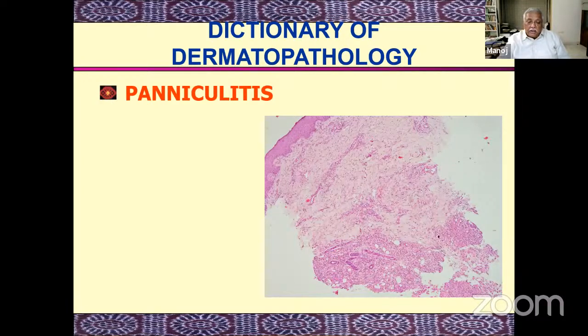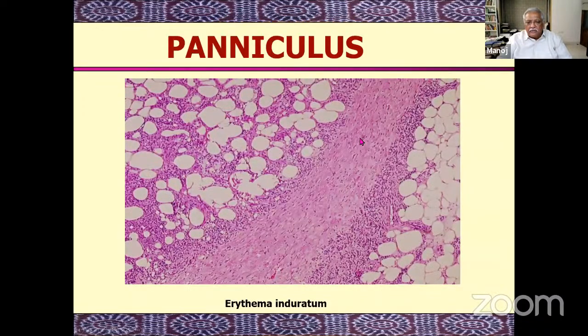The lowermost part of the skin is the subcutaneous fat. Now, the subcutaneous fat itself may get involved, and essentially, there are two types of panniculitis, which is fat inflammation. One is lobar, where the entire lobe is involved, and one is septal. Now, this is the septa.